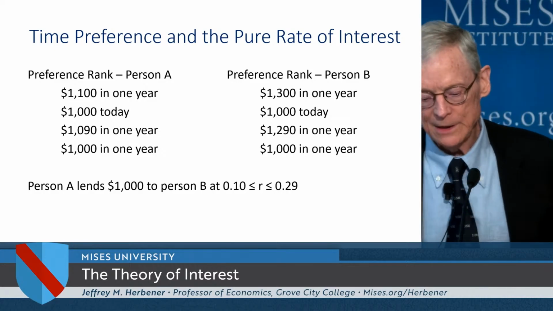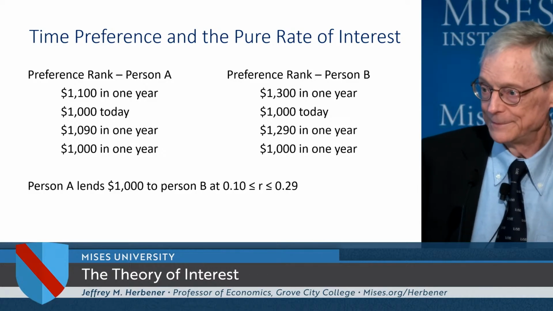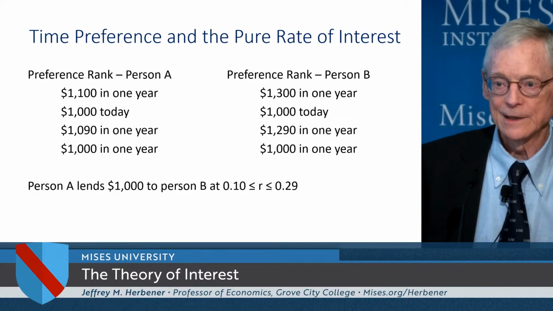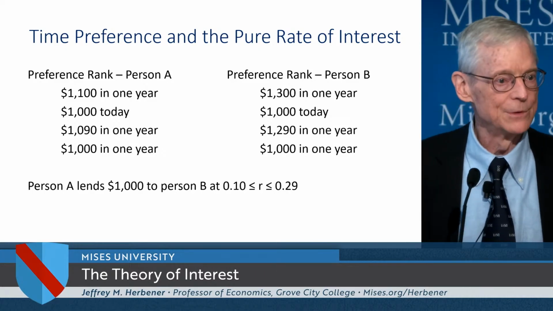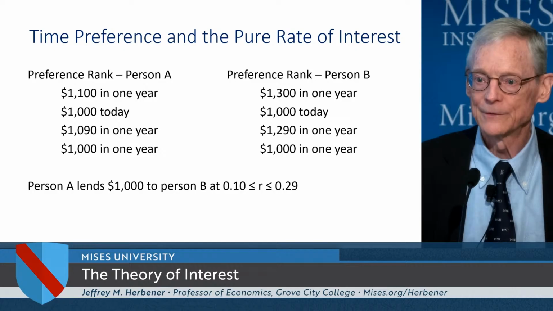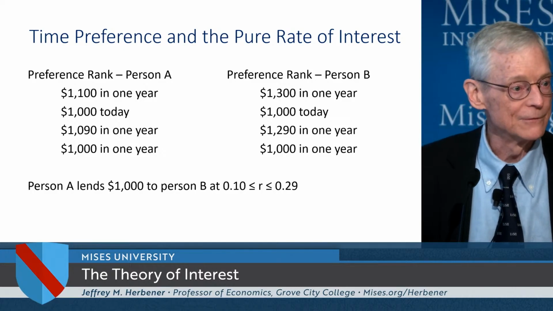And if you went to person B and even offered $1,290, person B wouldn't lend $1,000 today. So person B and person A can make a mutually advantageous trade at some interest rate between 10% and 29% inclusive.